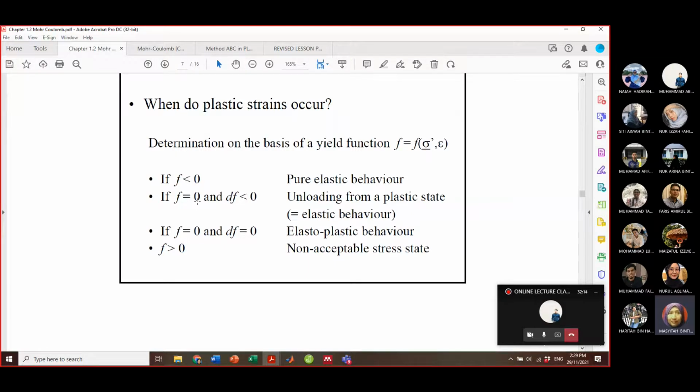And if F equals 0 and the yield increment is equal to 0, this is the elastoplastic behavior. How about if the yield criterion is more than 0? This is a non-acceptable stress state.